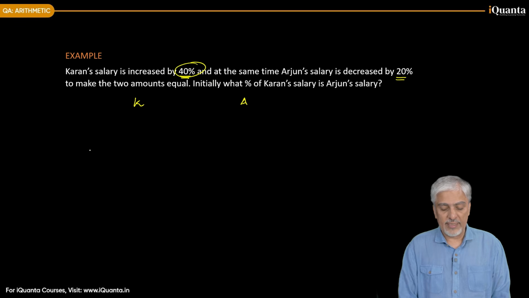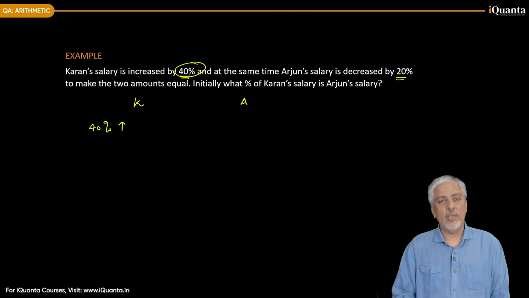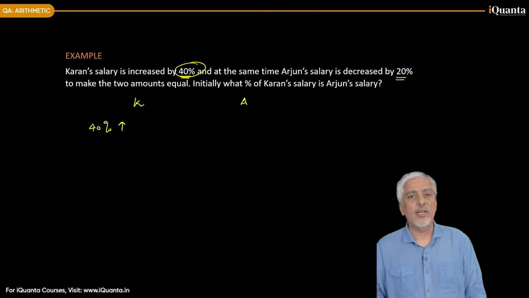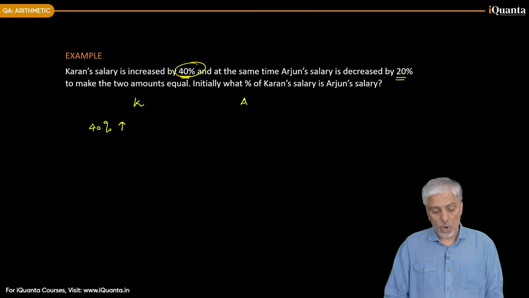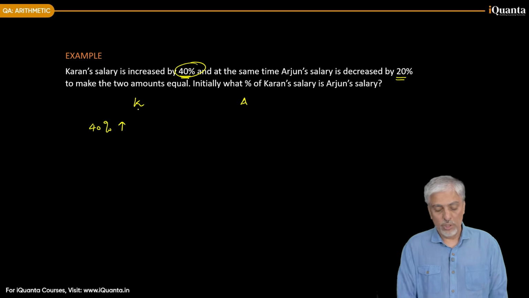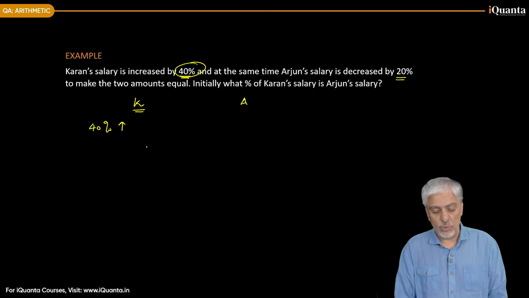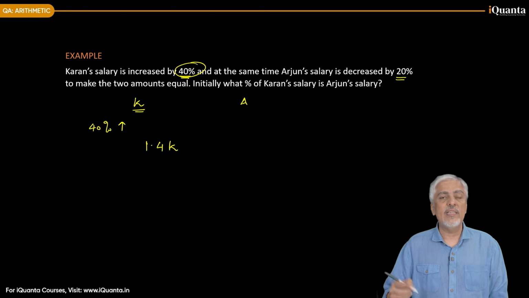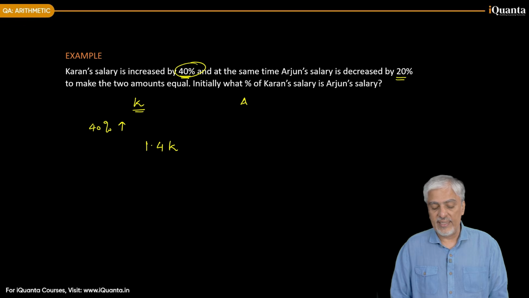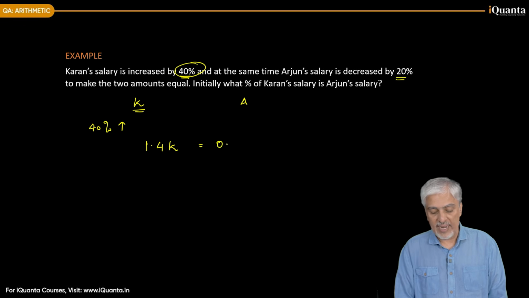What is a 40% increment? You can make it 40 upon 100, which is 2 by 5, or you can make it 1.4. I'm purposely using different approaches. So the new salary will be 1.4K because of the increase of 40%. Arjun's salary decreased by 20%, so that makes it 0.8A.